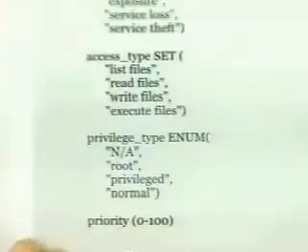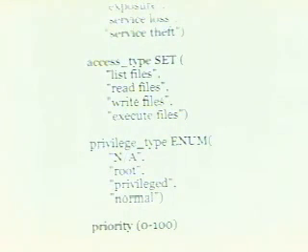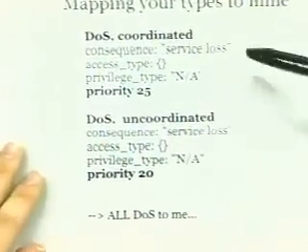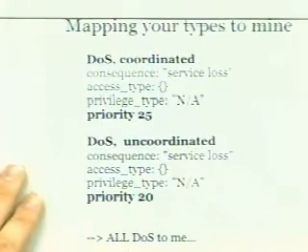And then there's a priority assigned to this. The priority is really to help system administrators find out where they should direct their efforts first. And with this, you can also differentiate things based on the priority you want to assign them.